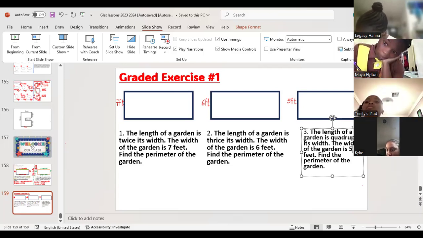Braden, what number are you on? Braden, what number are you on? Number 2. Number 2, okay.